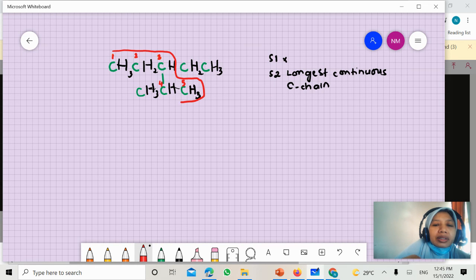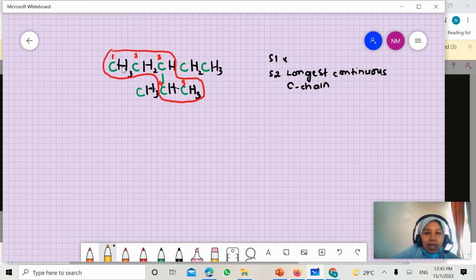Jadi, bila begini, how many substituents do we have? How do we know which is the substituent? Yang tak termasuk dalam the parent chain itulah substituent. For example, in this case, the one in red is the parent chain. Therefore, we have 1 and 2 substituents here.